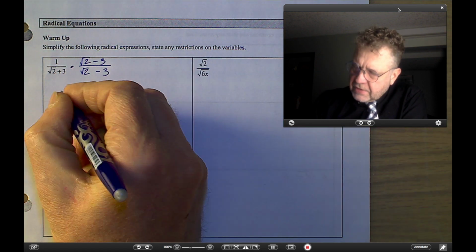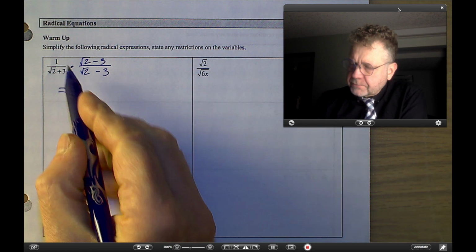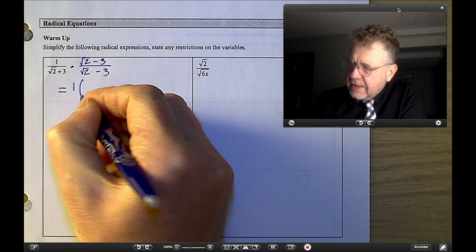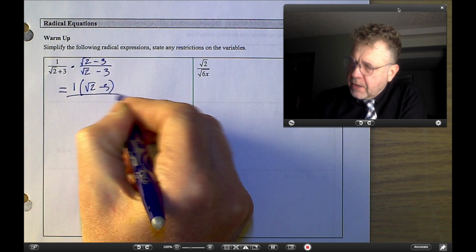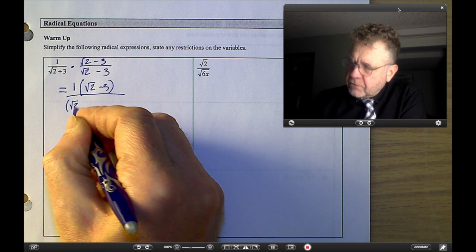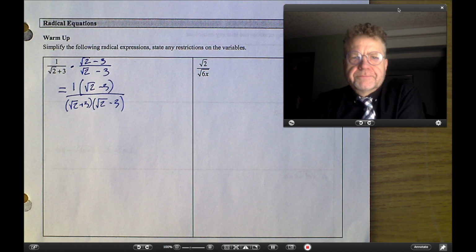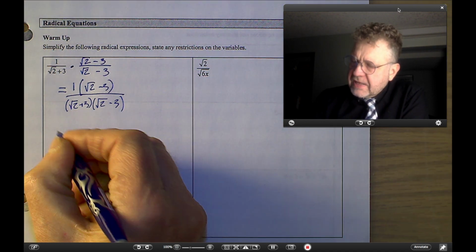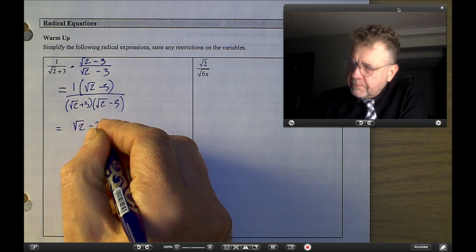So when we do this, what are we going to get? Well, let's do the top first. You have 1 times root 2 minus 3 on the top, and on the bottom you have root 2 plus 3 times root 2 minus 3. Easy as that. Top is easy because 1 times anything is simply going to be that, okay?